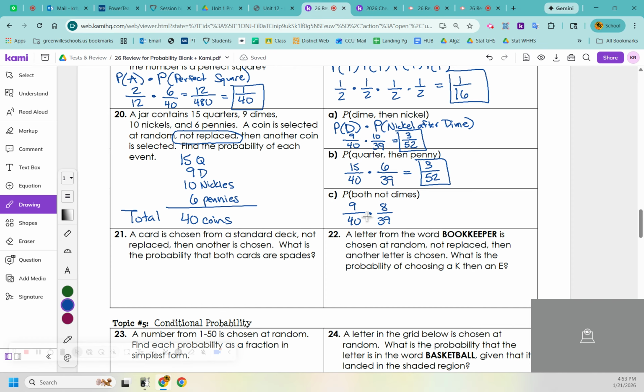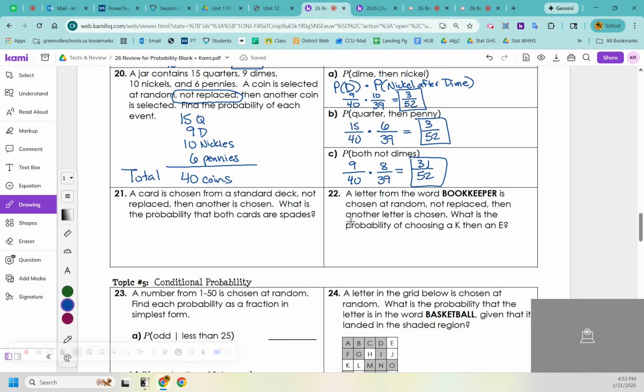So the probability I chose a dime the first time is 9 out of 40. Now I have a dime in my hand. Now there's only 8 left in the jar, and now there's only 39 in the jar total. And that would give you 3 out of 52. So just be careful with dependent events: check whether both the numerator and denominator are changing or just the denominator.